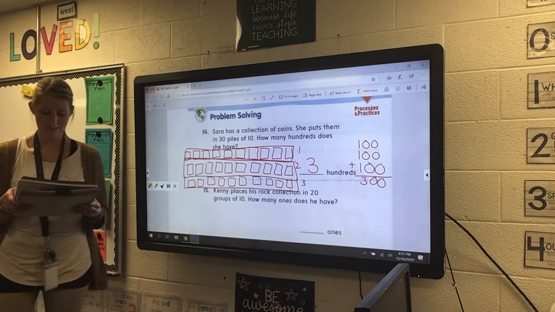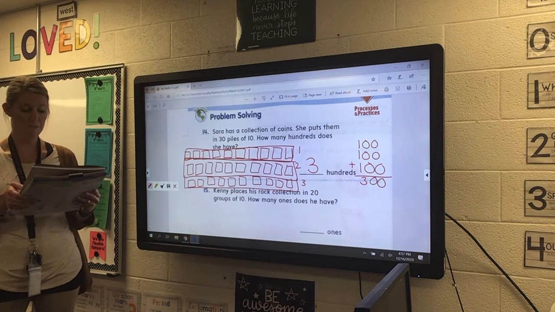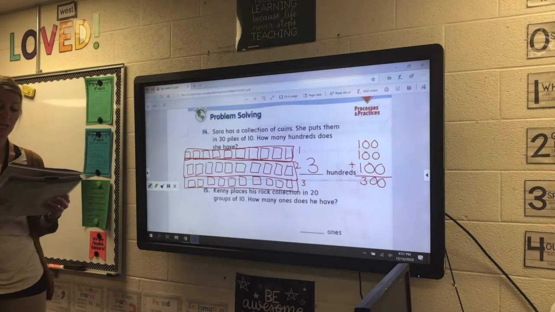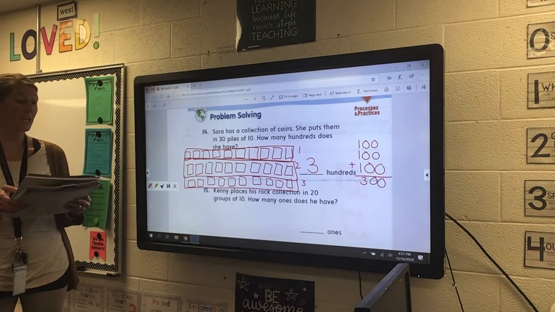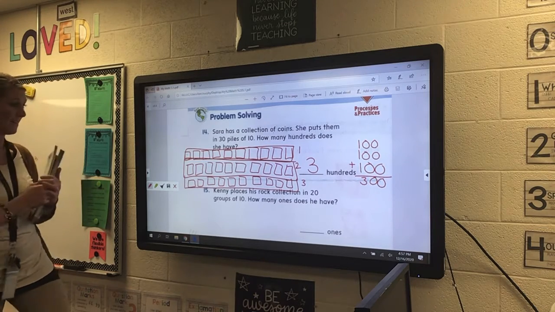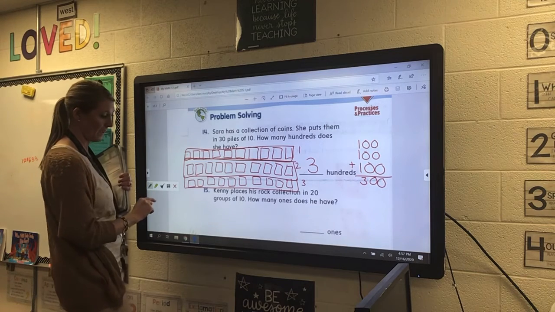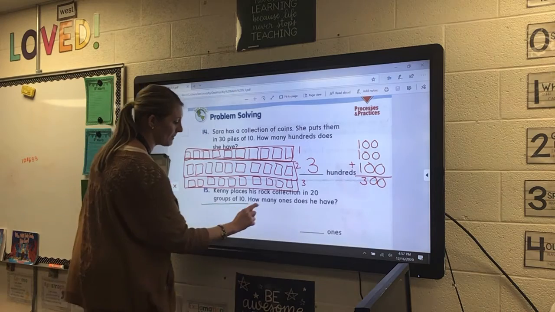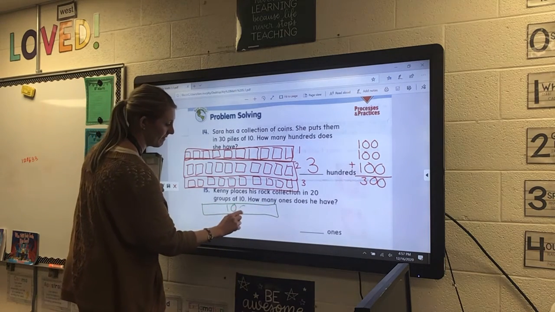Okay, number 15. It says, Kenny places his rocks in a collection of 20 groups of 10. How many ones does he have? So if I have 20 groups of 10, I can think of it this way. If I have one group of 10, pretend this is one group of 10, that would be 100.